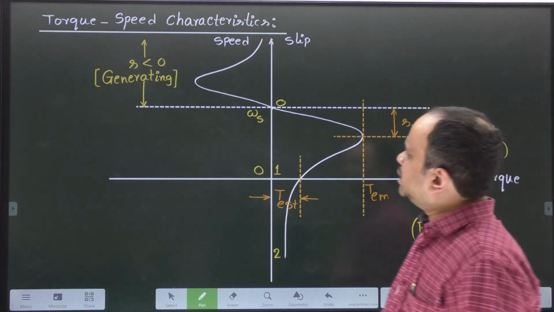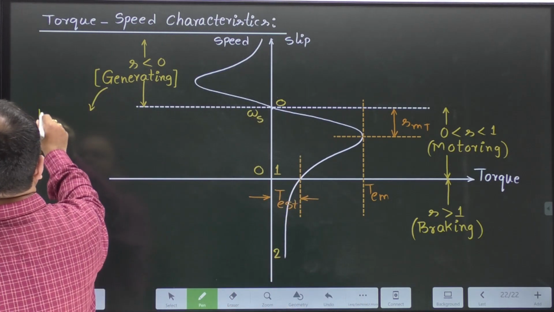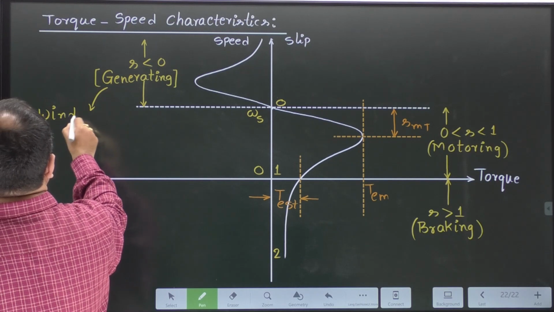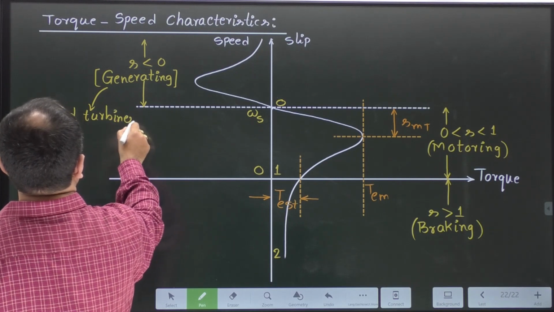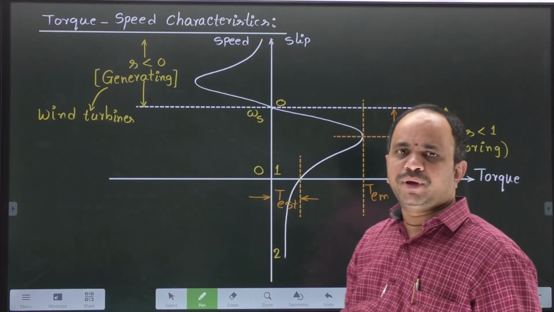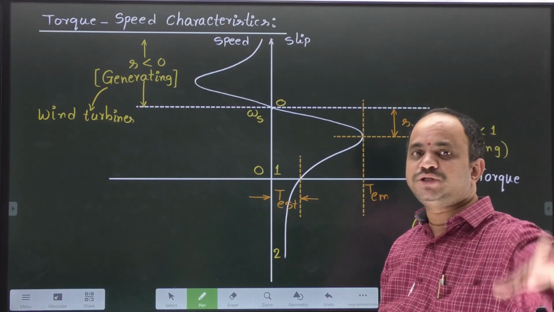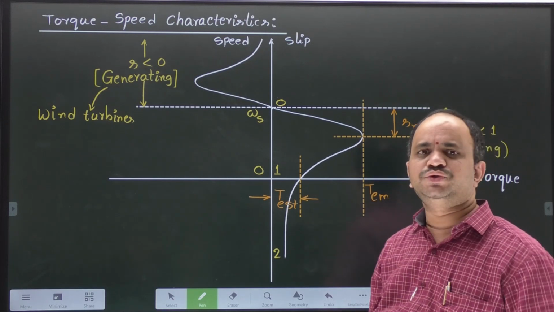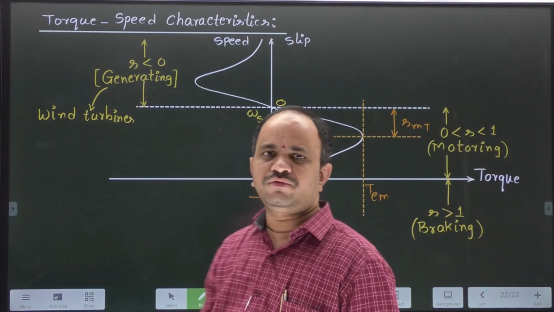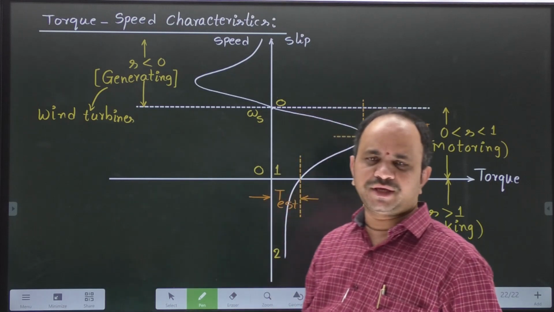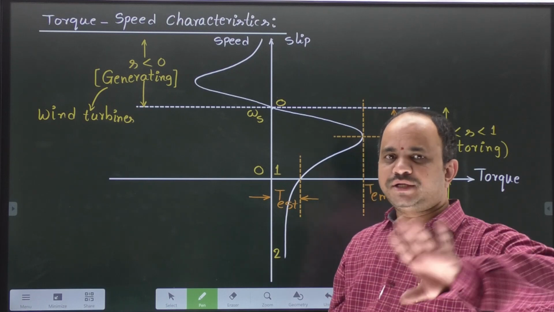Okay. So basically this generating operation will be used in wind turbine applications. In the wind turbine, it will operate as a generator, because the power production in wind turbine applications depends on wind speed. Basically it is used as a variable speed generator. Synchronous generator is not suitable for wind applications. Of course there are some exceptional cases, like a permanent magnet synchronous generator can be used in wind turbine applications, but that is a different discussion.